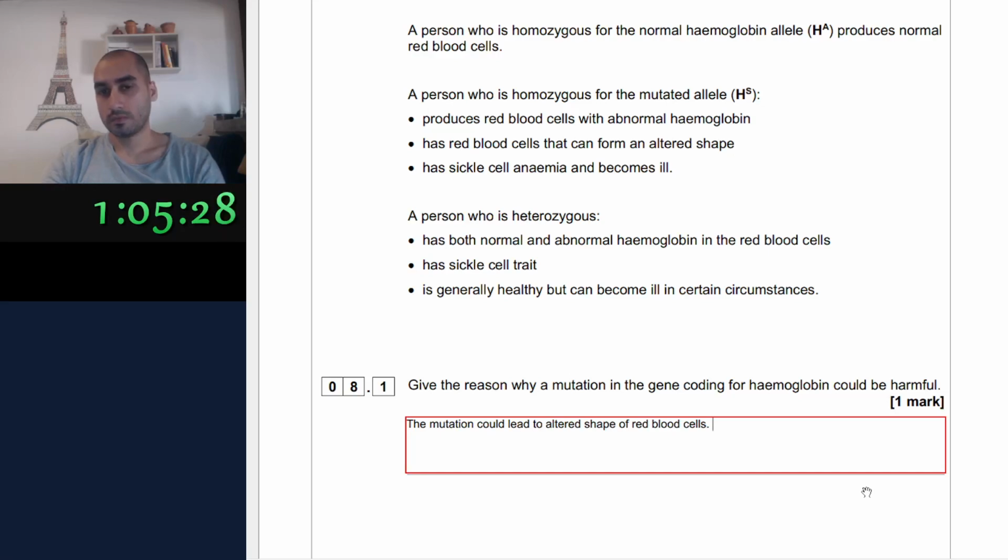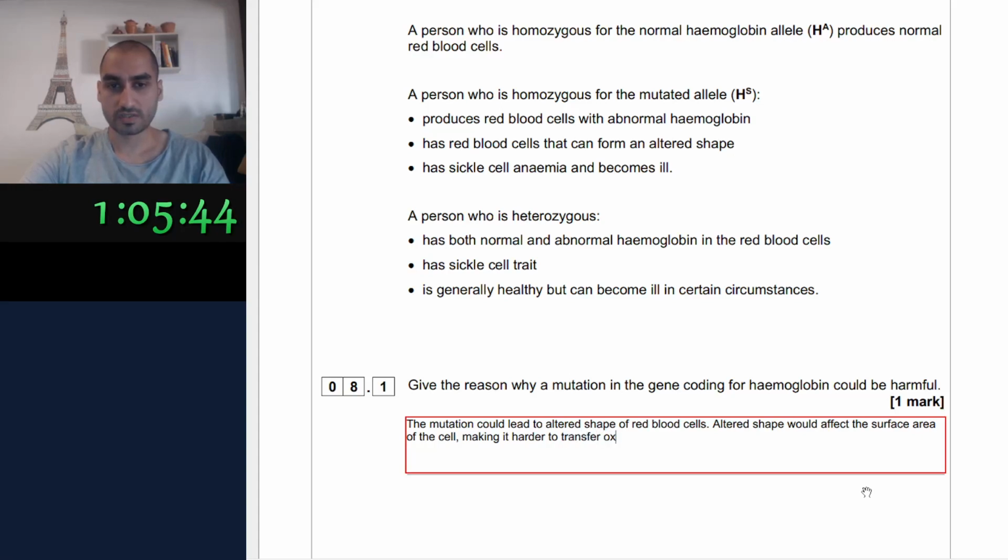So altered shape would affect the surface area of the cell, making it harder to transfer oxygen and distribute it throughout the body. Is that okay?